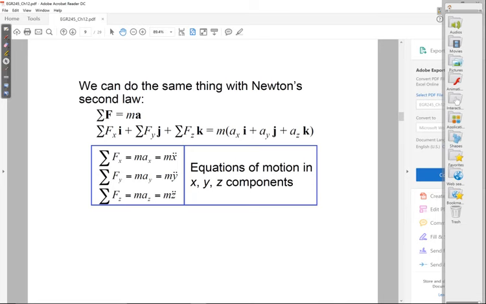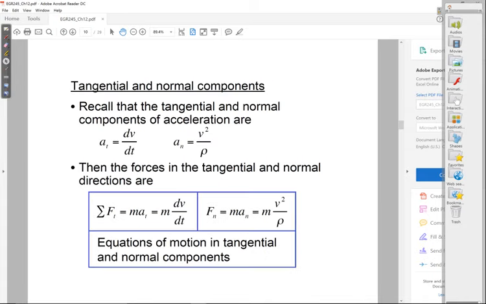As far as the normal tangential coordinate system is concerned, we break it down into 2 components, the tangential and the normal directions. In the tangent direction, you sum up all the forces in that direction, and that has to be equal to mass times acceleration in the tangent direction. Now, in a normal tangential problem, you would usually not have acceleration in the tangential direction, and out in the real world, you usually wouldn't have it directly.